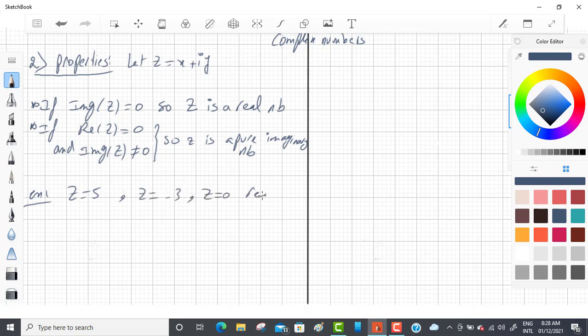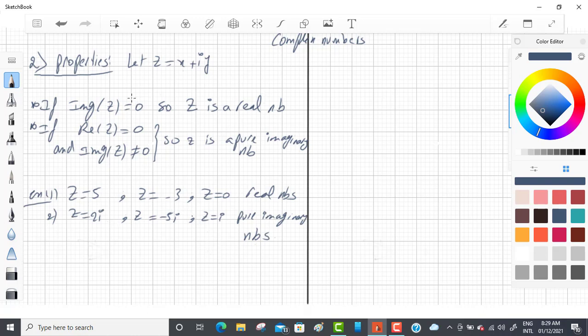These are real numbers. Another example, z equal 2i, z equal minus 5i, z equal i. These numbers are only made of the imaginary part. We call these numbers pure imaginary numbers.